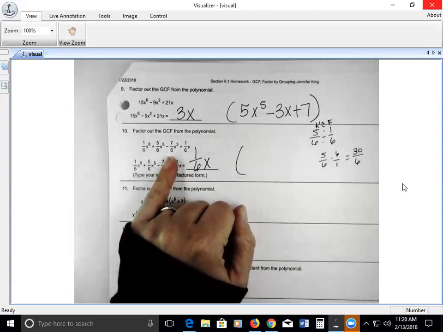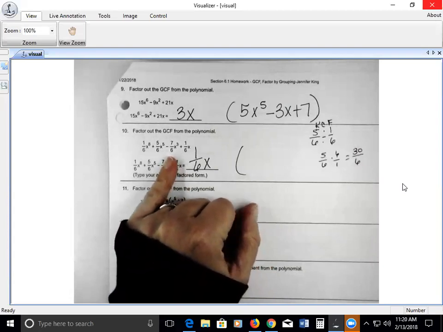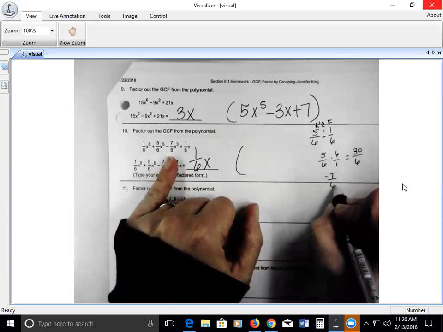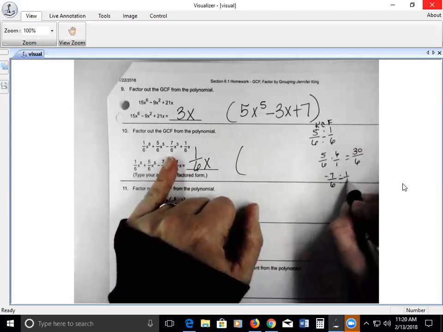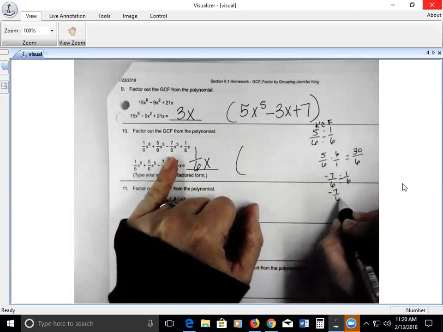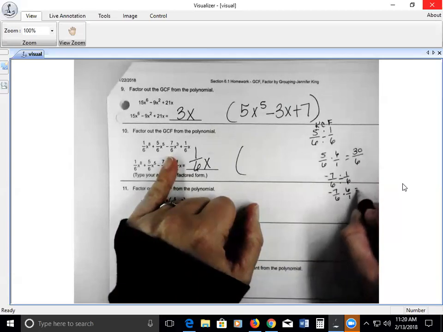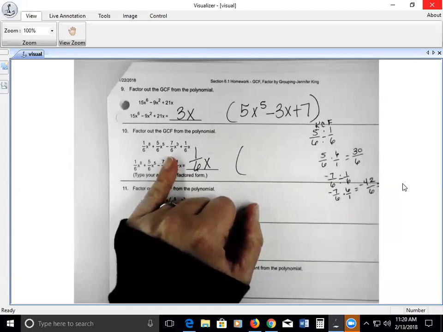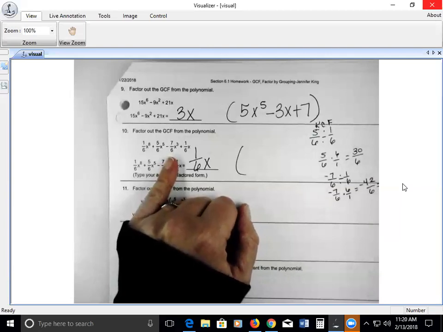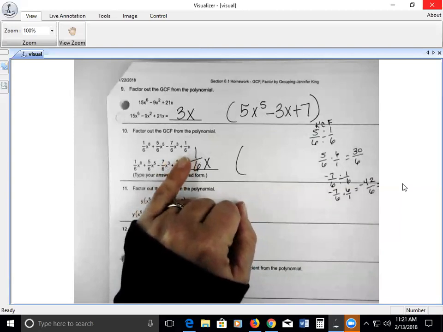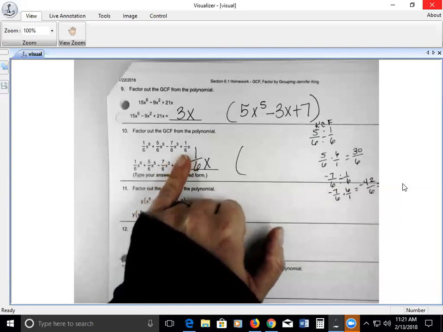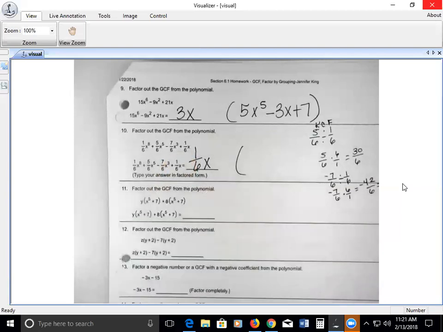-7/6 divided by 1/6. -7, right? -7x to the second. And then what's 1/6 divided by 1/6? 1. So it's just going to be 1, right?